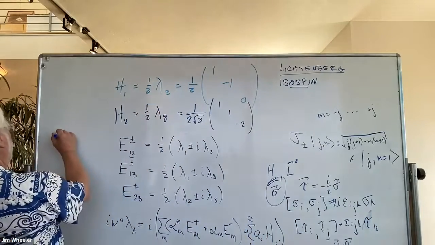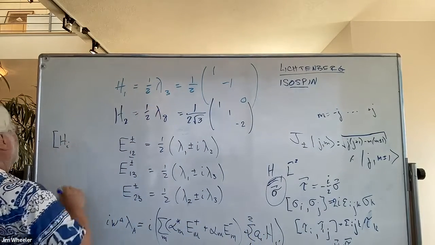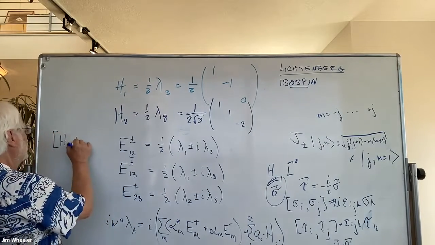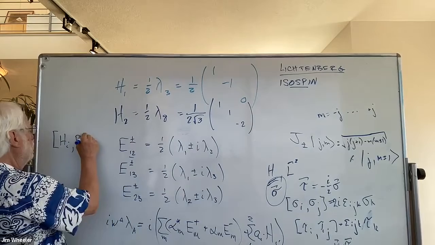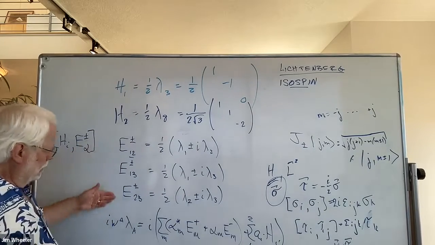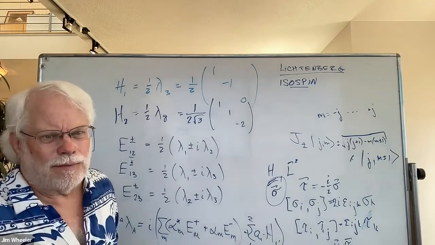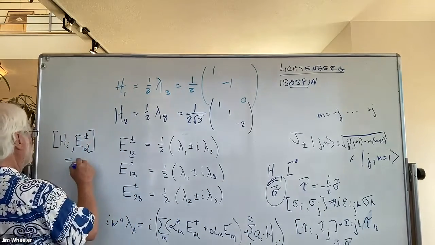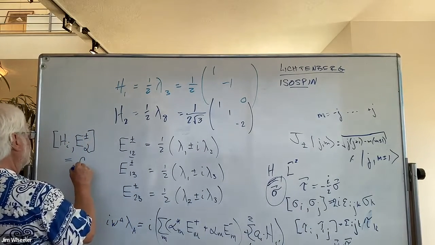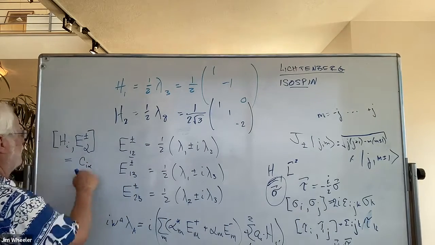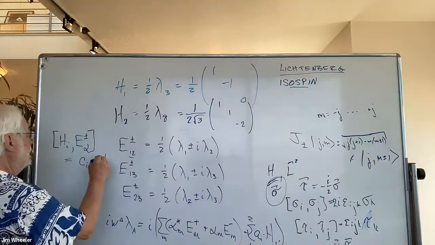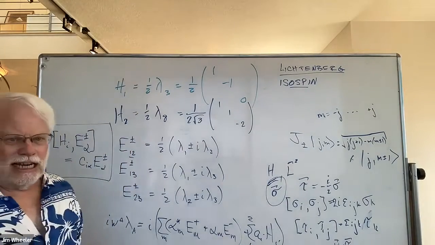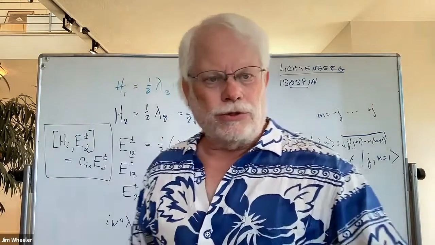If you look, you'll find that if I take either of these diagonal matrices and take the commutator with any of these raising and lowering operators, we always get a multiple of the same thing. So you'll get some constant that depends on alpha, and you'll get the same E alpha plus or minus back. So I claim this is the standard form for SU3.